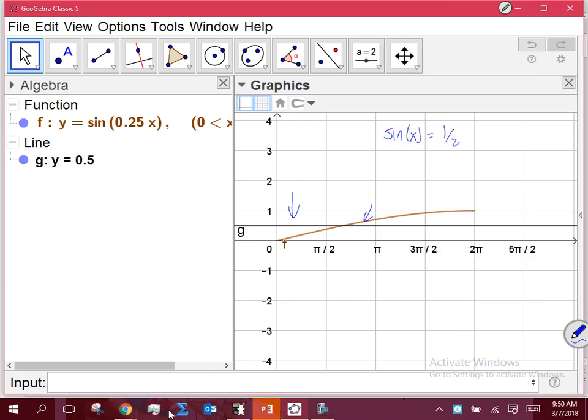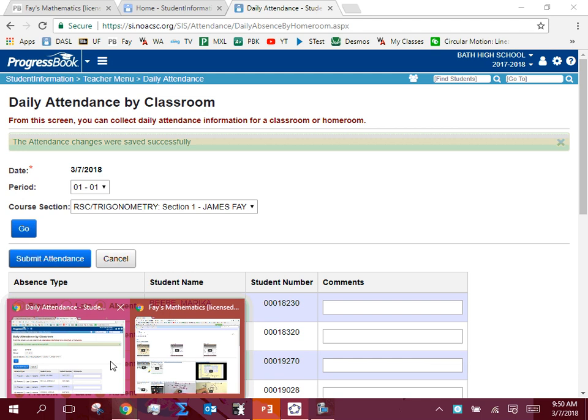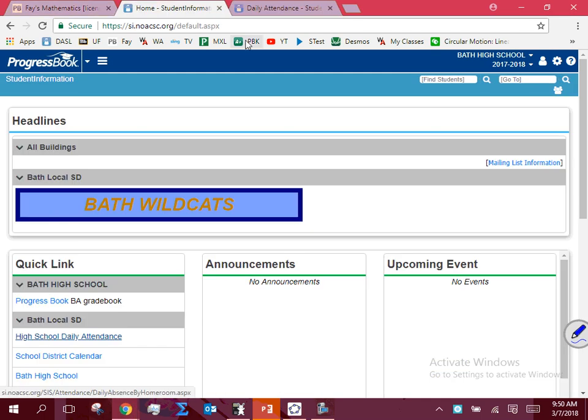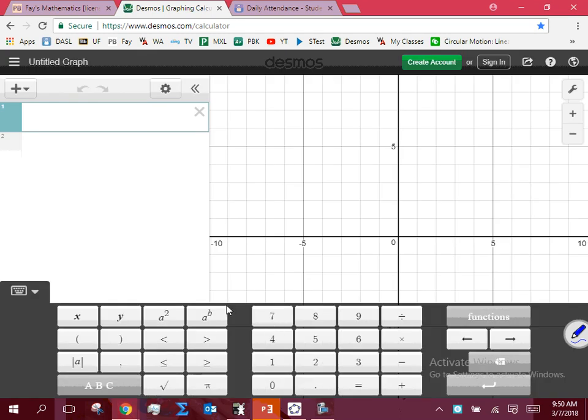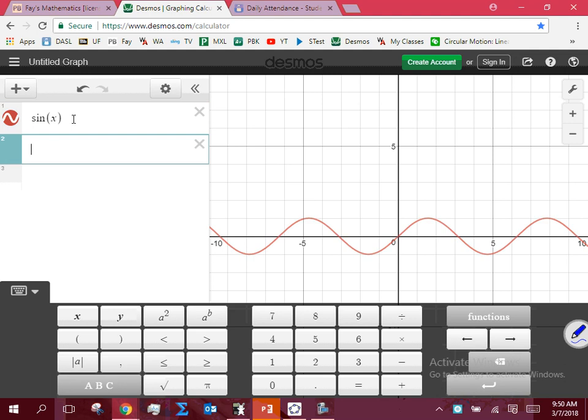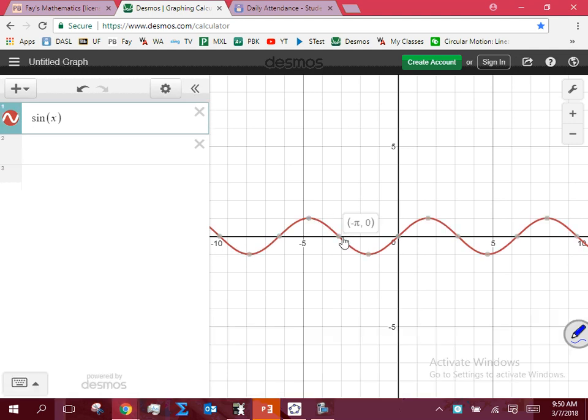Or if you're using Desmos, Desmos is a good program in regards to these. Not overall. It's a terrible program overall. But if I grab sin of x, it does a good job there. I can click it, and it's going to give me those key ordered pairs in a nice format, okay?